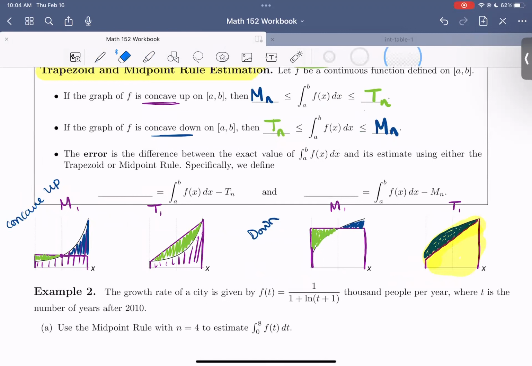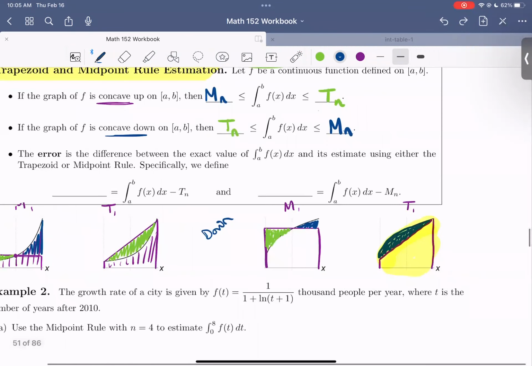All right, now let's finish filling in this box. The error is the difference between the exact value of the integral and its estimate using either the trapezoid or midpoint rule. Specifically, the difference between the trapezoid approximation and the actual integral, if we subtract those two values, gives us the error using the trapezoid rule.